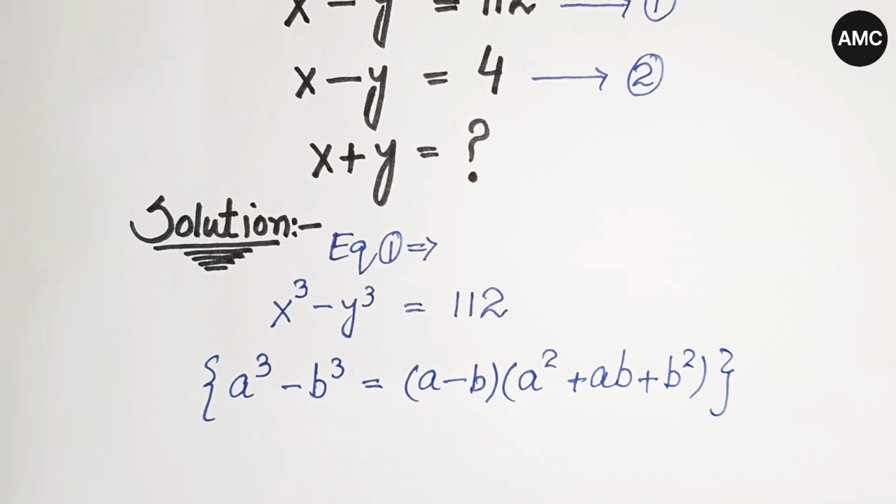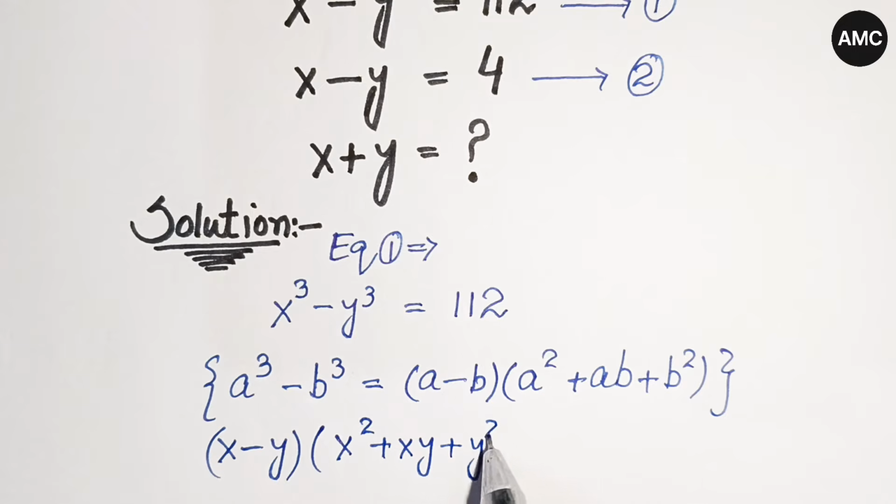So applying this identity here, x cubed minus y cubed will be x minus y times x squared plus x times y plus y squared, that is equal to 112.